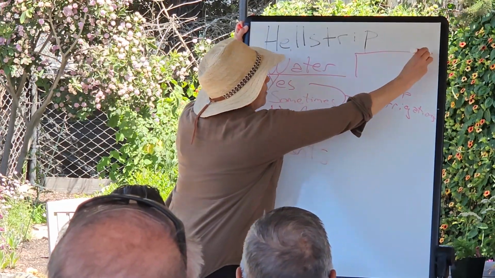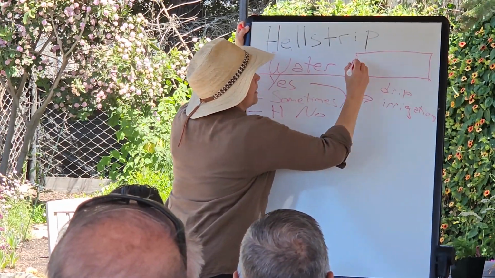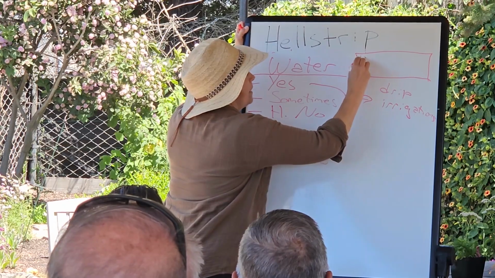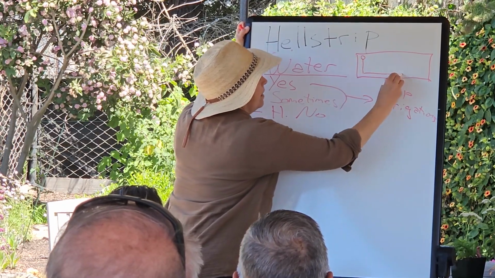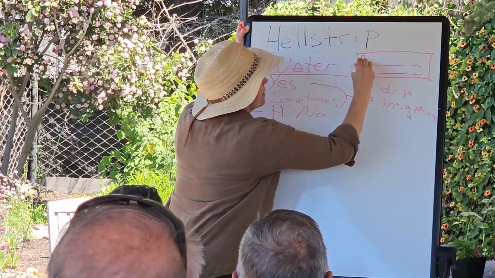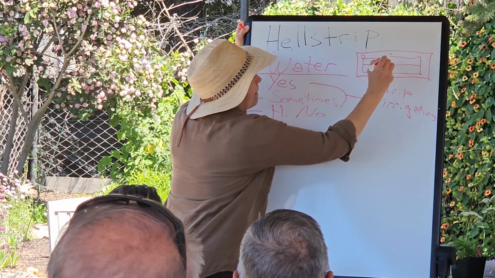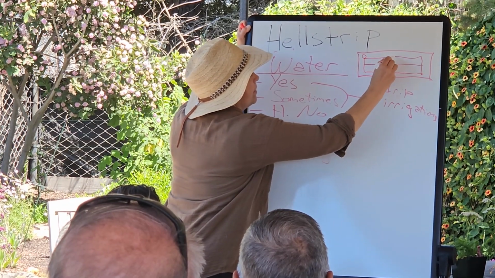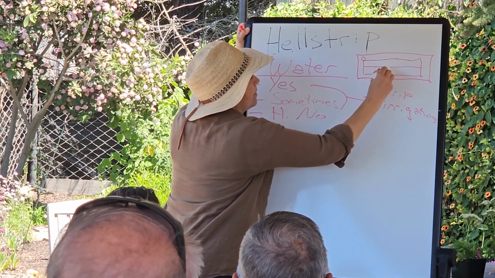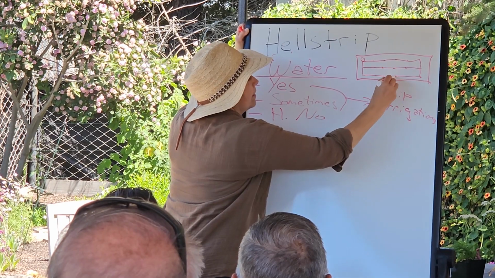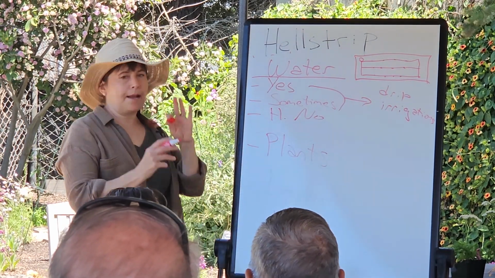So if this is my garden, a hellstrip, here's my adapter, and then I make a grid like this. And there's an emitter, like that. And then I put in my plants.